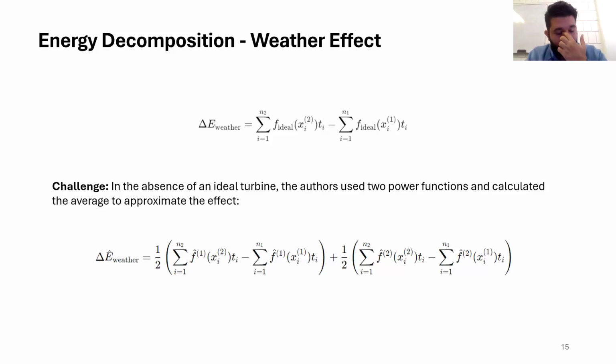So the author approximates the delta E of weather by doing the same thing with both of these power functions and then averaging them. Once it applies power function 1 on weather condition 2 and subtracts it from weather condition 1, and then the same thing for power function 2, and then the average.